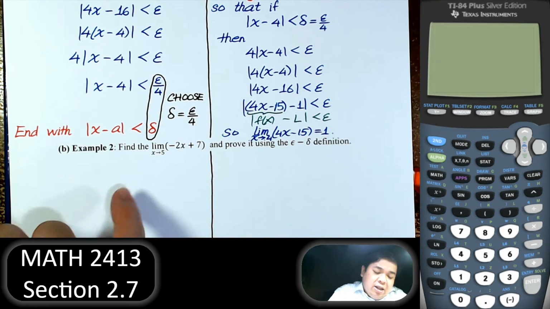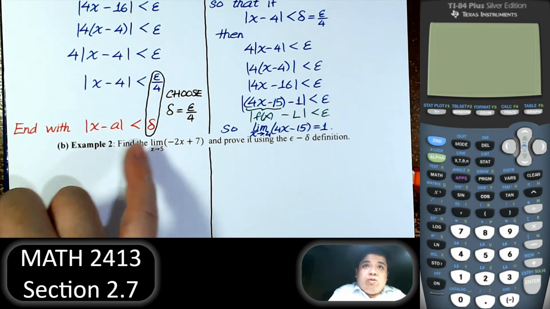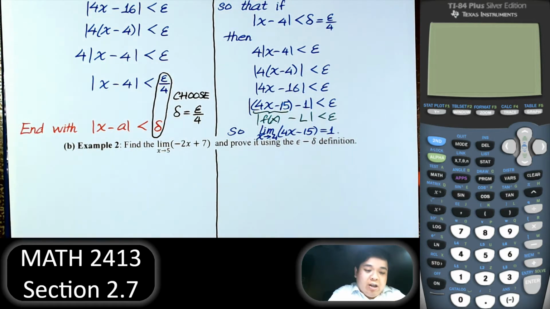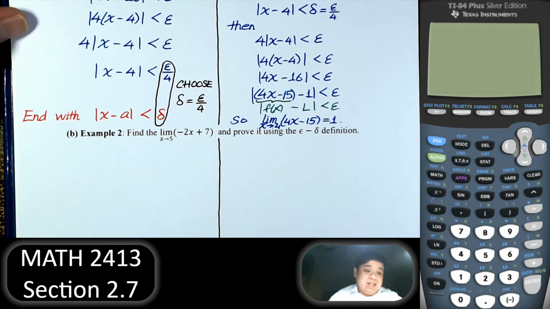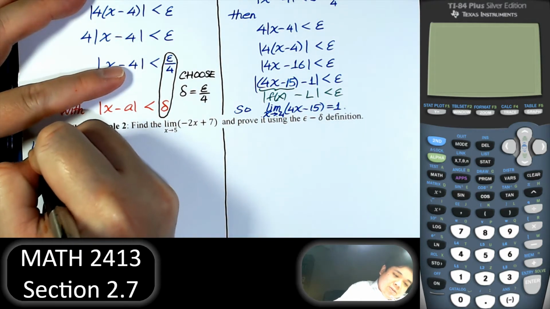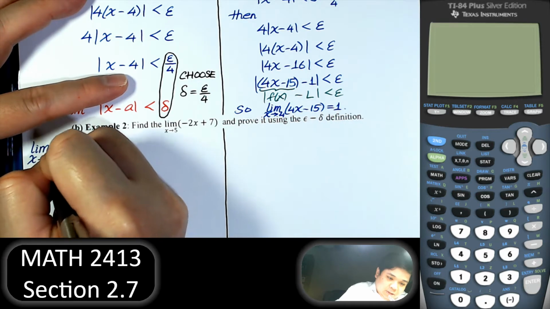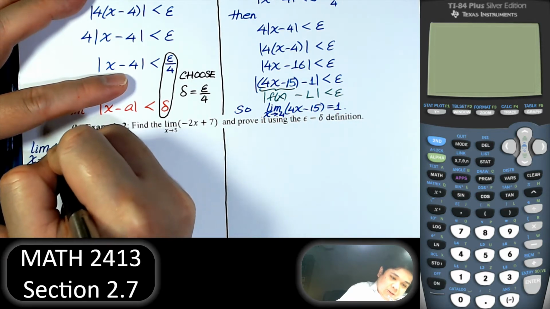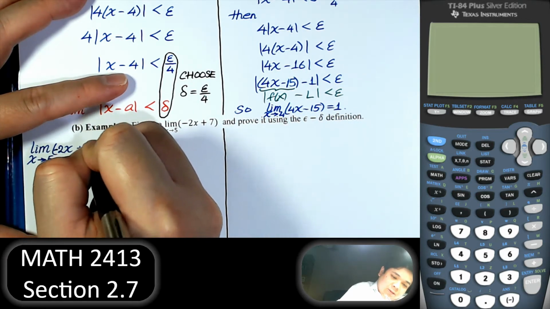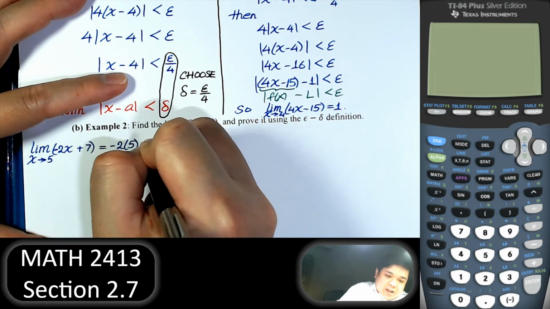Find the limit of negative 2x plus 7 when x goes to 5. First of all, the limit is easy to find, right? Put in the numbers. That's pretty much it. So first, let's find the limit. It's a polynomial, so I just put the values in it.